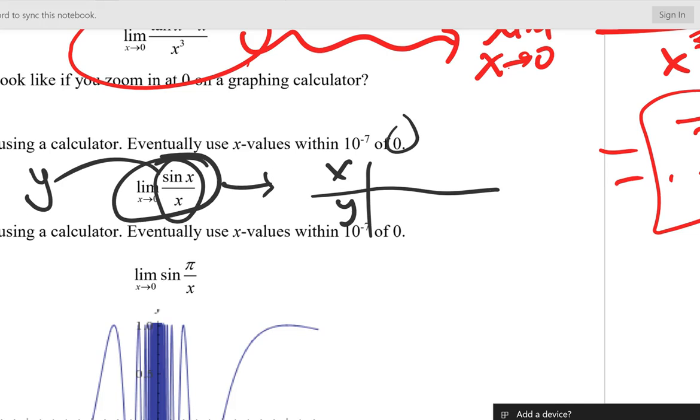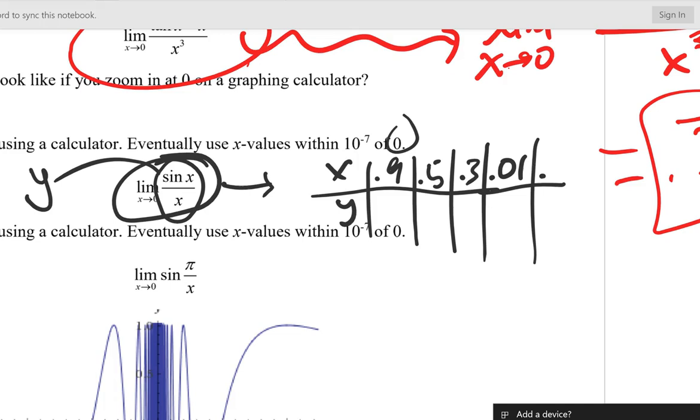So we're looking at 0. Let's march to 0 from the right. Let's say 0.9, and then 0.5, and then 0.3, 0.01, things like that, 0.001. And then when you plug these values into sine x over x, let's see what you get.